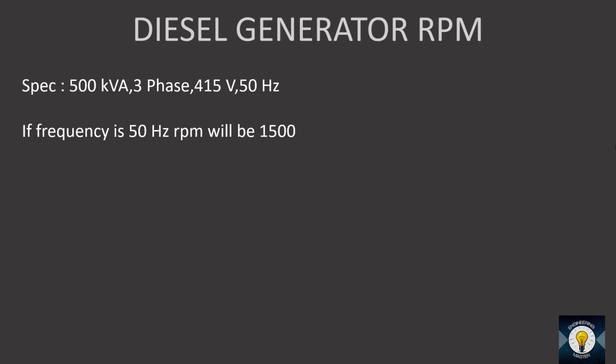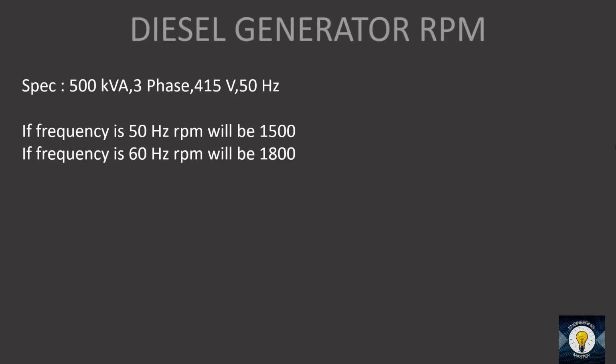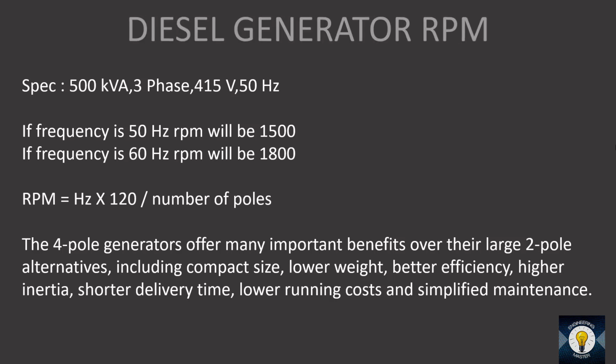If the frequency of power supply is 50 Hz, generator RPM will be 1500. If the frequency is 60 Hz, the preferred RPM is 1800. So this is the equation. RPM equals frequency in Hertz into 120 divided by number of poles. We prefer 4-pole generators.